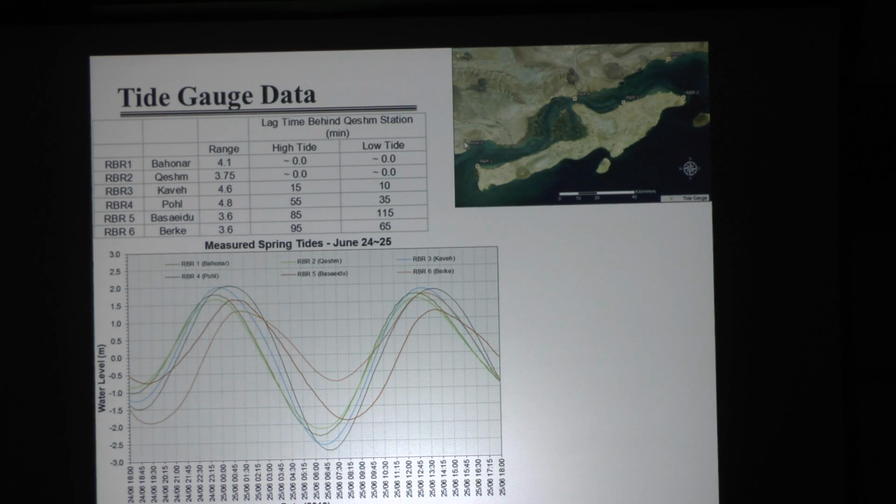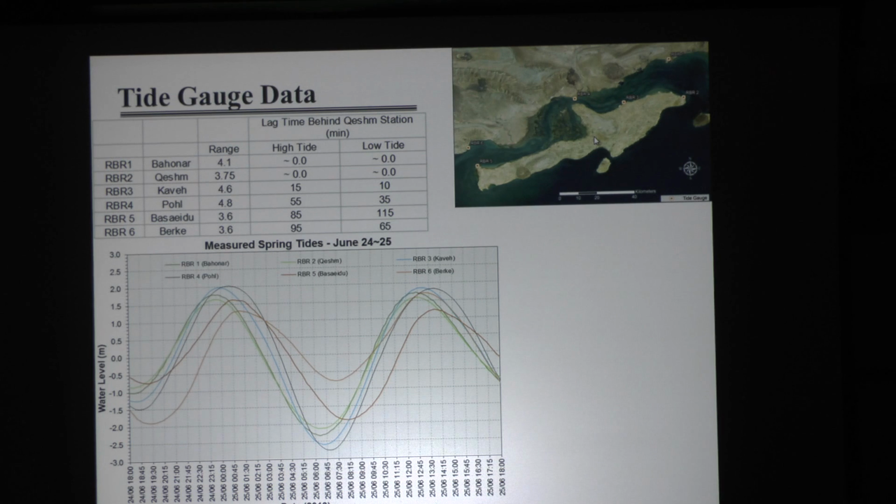But when you come here, it's something about 85 or 95 for these stations, and 115 and 65 minutes for low tide.